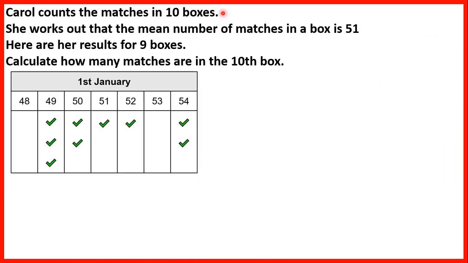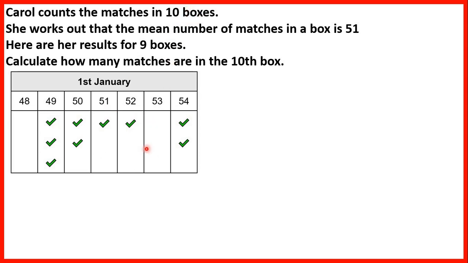Carol counts the matches in 10 boxes. She works out that the mean number of matches in a box is 51. Here are her results for 9 boxes. Calculate how many matches are in the 10th box. So in this context, to find the mean, we would divide the total number of matches by the number of boxes.